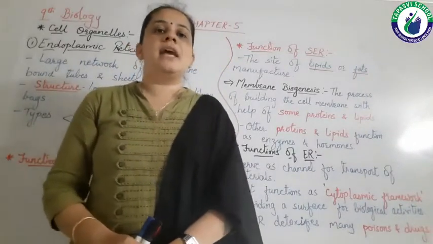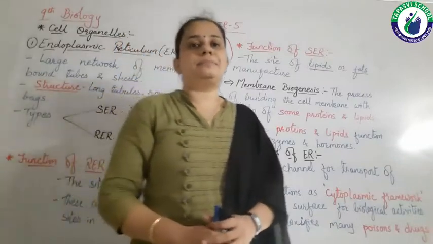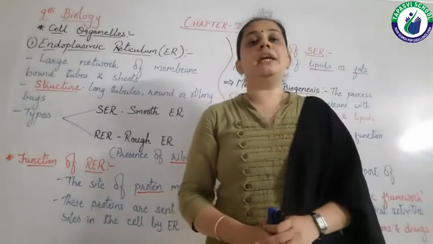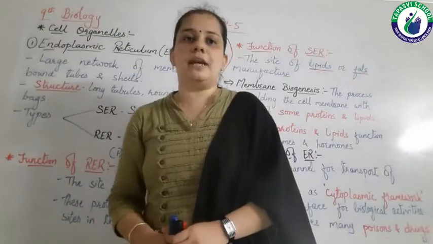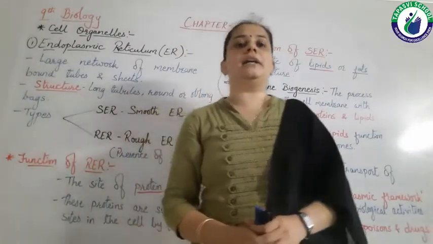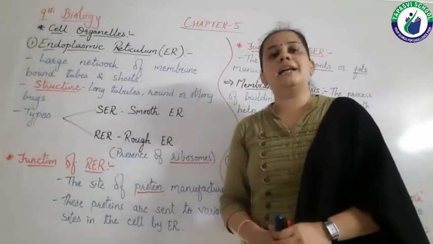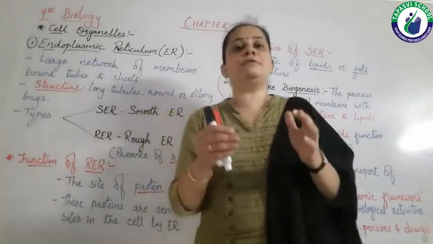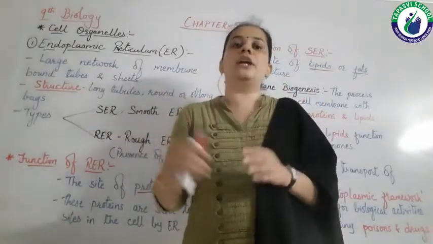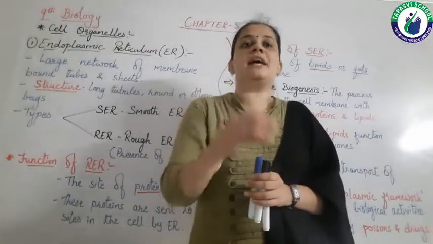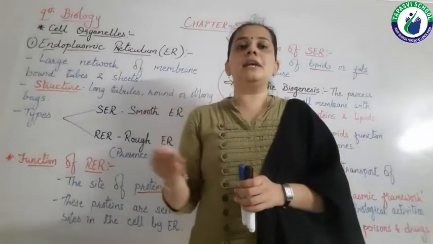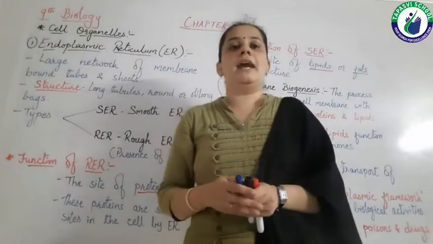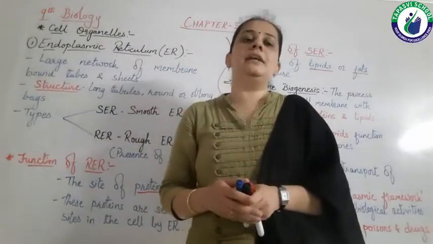Now what are enzymes? Enzymes are chemicals produced in our body to increase the rate of chemical reactions without taking part in them. This means if any reaction is going on in our body and enzymes are there, they will increase the speed of the reaction, and they do not take part in that reaction.